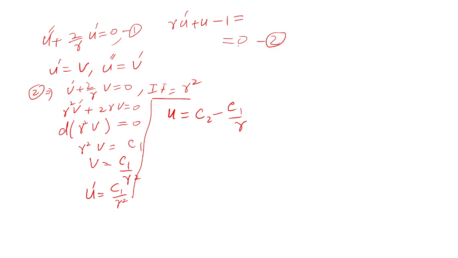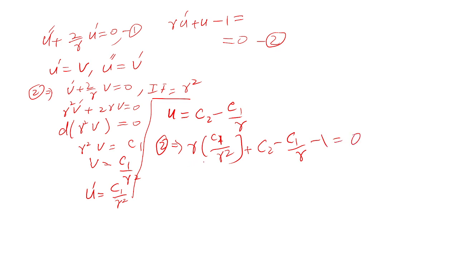So we have to put this in equation 2. Equation 2 implies that r into u dash, so u dash is c1 by r square, it is given here, and then here is u, so you have to put u totally here, c2 minus c1 over r, and minus 1.